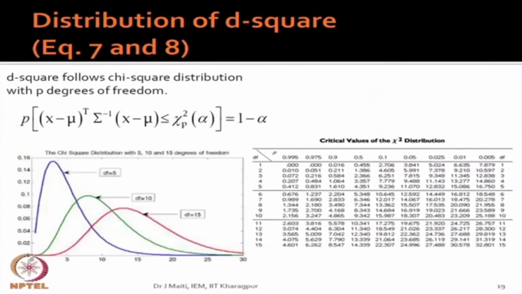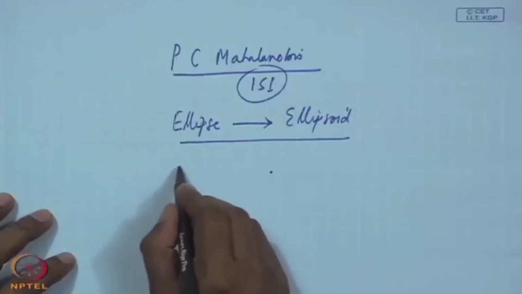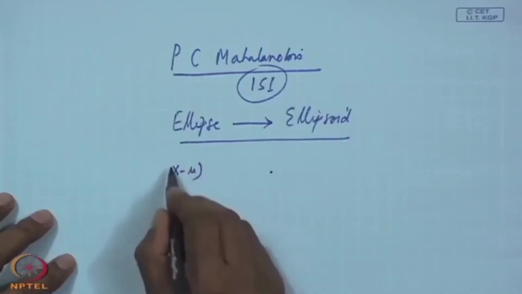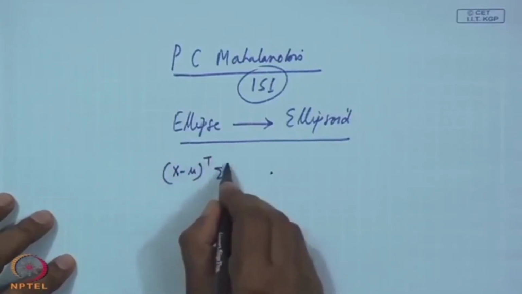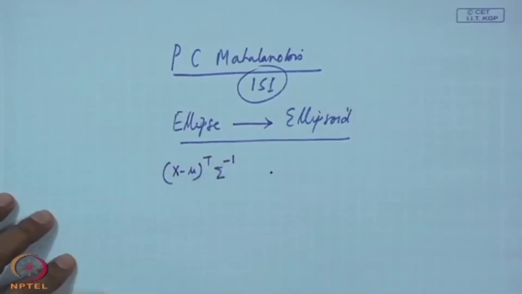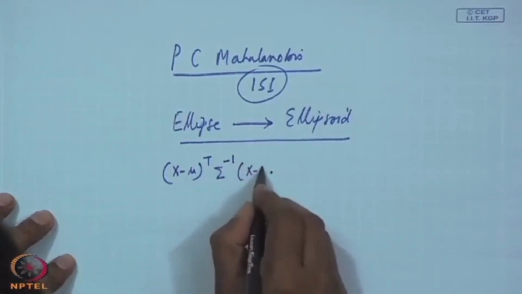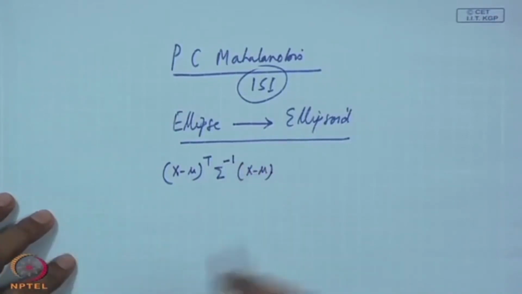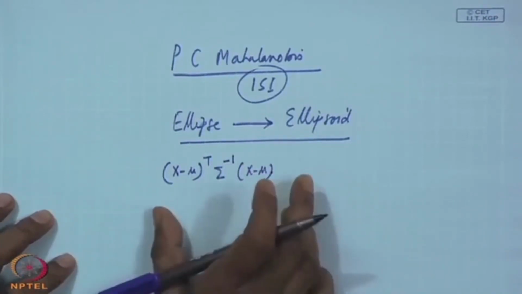What will be the distribution of this exponent part? Yes, it is chi-square. Why is it chi-square? (X minus mu) by sigma, that squared. That is basically x minus mu transpose, sigma inverse, x minus mu, that is the exponent part, and minus half is there, we are not considering that minus half.